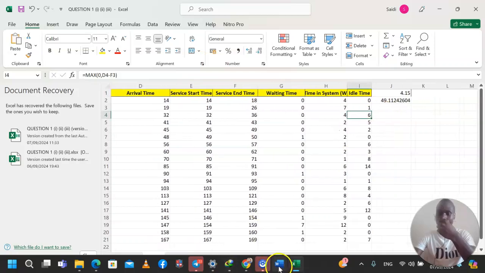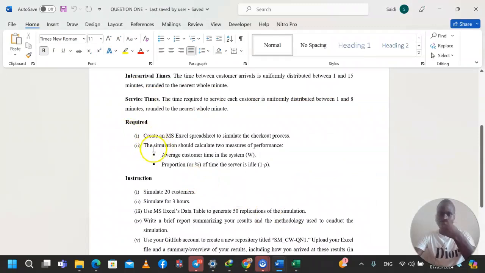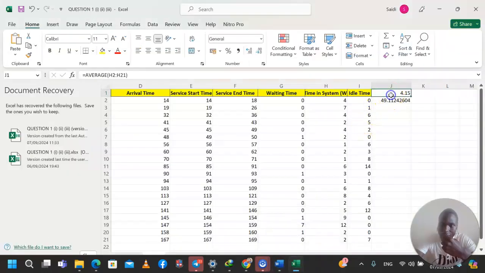But remember, back to the question, we were asked to simulate and calculate the average customer time in the service, and the average customer time in the system. I used the formula of average, as we all see here.